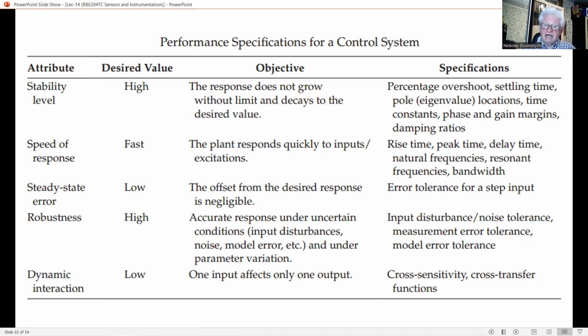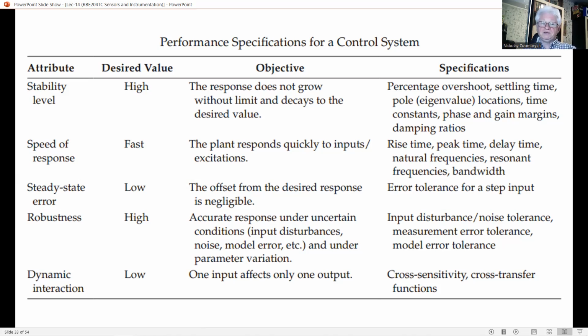And increased gain increases the actuation signal, which has a tendency to destabilize a control system. You should note further that what is given here are primarily qualitative descriptions for good performance. In designing a control system, however, these descriptions have to be specified in a quantitative manner.